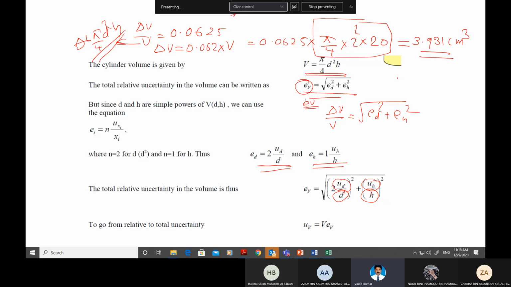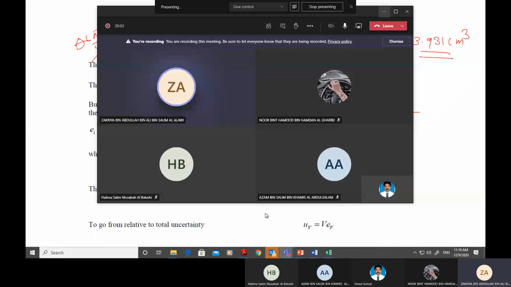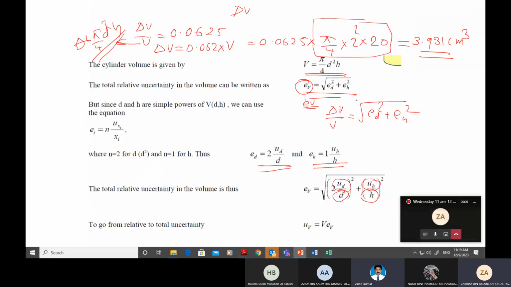How much? 62.8. So 62.8 is the real volume, but when you measure, you will have an error like this. This is the meaning of this question. Is that clear? Yes, doctor.